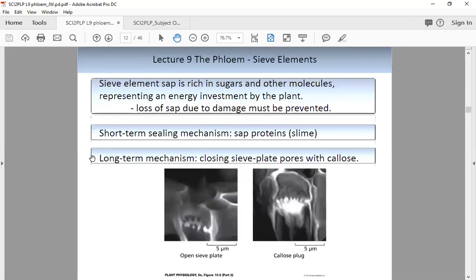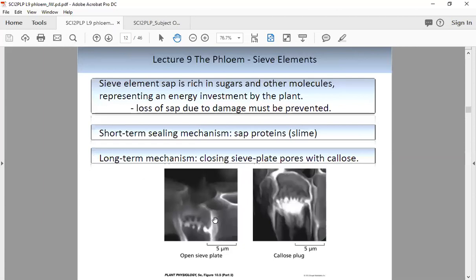Heat stress, high temperatures, for example, can kick off the synthesis of callose, and the callose will basically also block the pores of the sieve element.